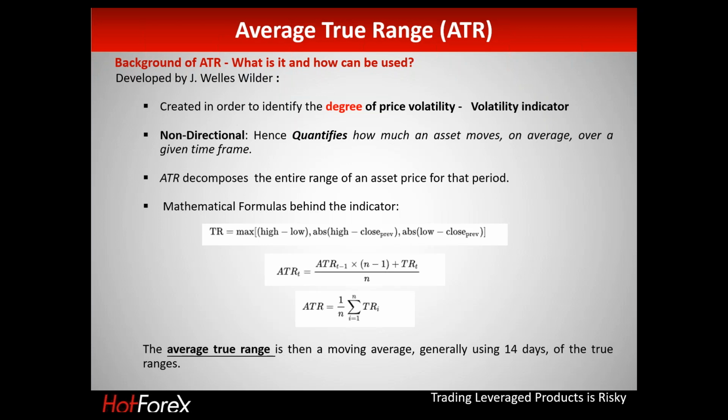It quantifies for you how much the asset is likely to move on average over the particular period of time that you're using. So let's say that I'm in an hour chart. If the average true range is going up, it's like saying to me there is high volatility in the market.